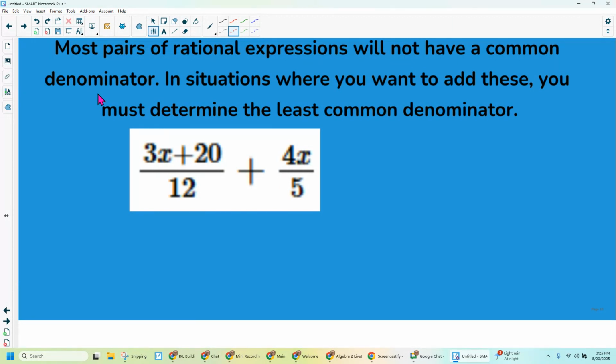So here, this one's just set up with numbers in your denominator. What is the least common denominator that I can find for 12 and 5? If you multiply the two, that's going to give you 60. So let's do that. Put them both over 60.